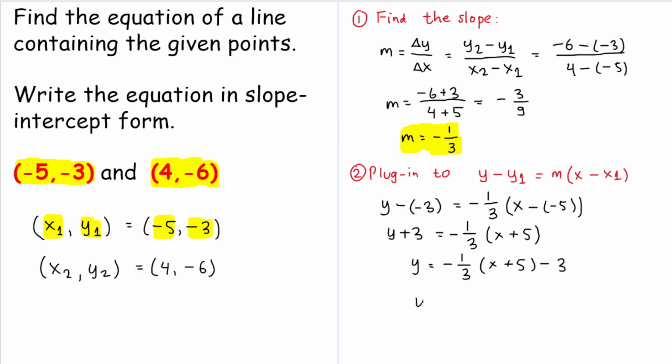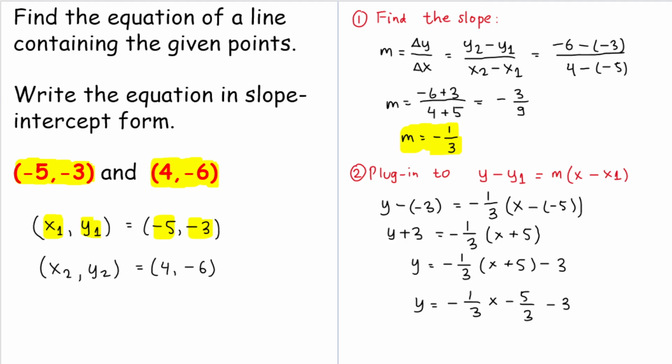So here we will have y is equal to minus 1 over 3 multiplied by x, and then minus 5 over 3 here because we distribute this minus 1 over 3 to the brackets here, and then we will have minus 3.